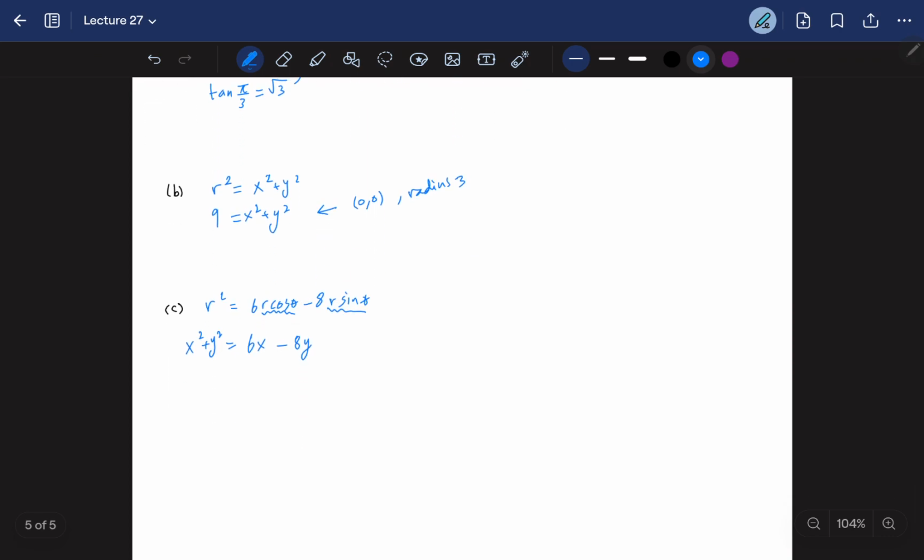So whenever you have something of this form, take everything to the other side, and you're going to notice that I can complete the square twice here. Once you complete the square, you're going to add 9. And we're going to add 16.